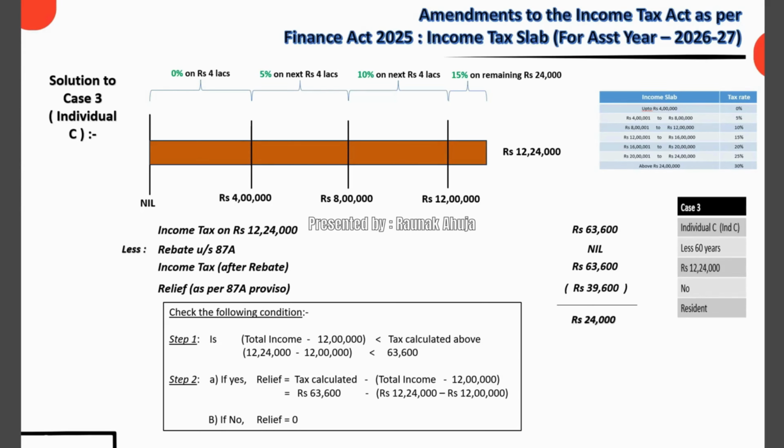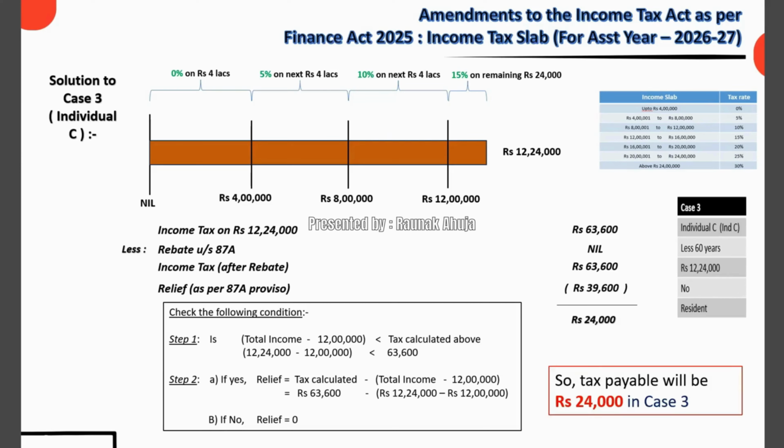So 63,600 minus 12 lakh 24,000 minus 12 lakhs, which comes to 63,600 minus 24,000. And the answer is 39,600. So relief as per 87A proviso would be 39,600, and the tax payable would be 24,000. Please note, on this tax, education cess will also be payable.